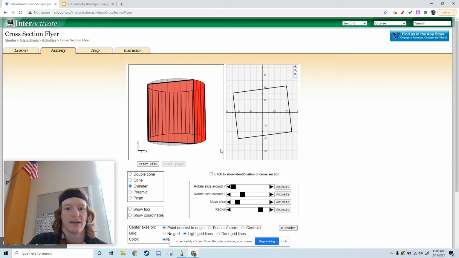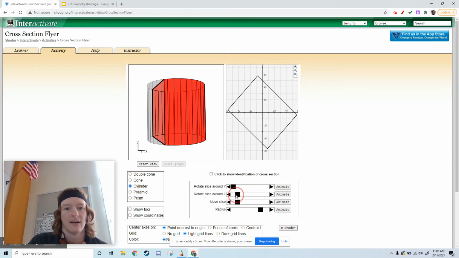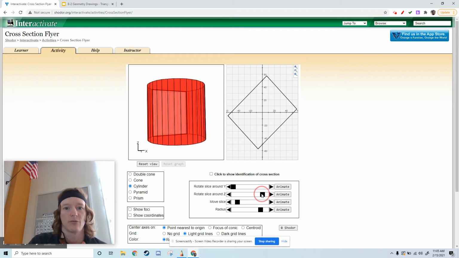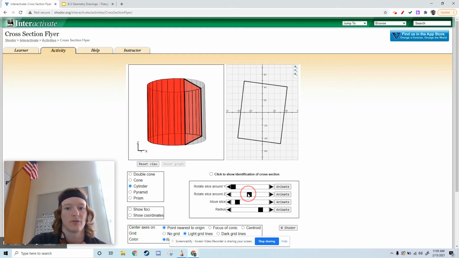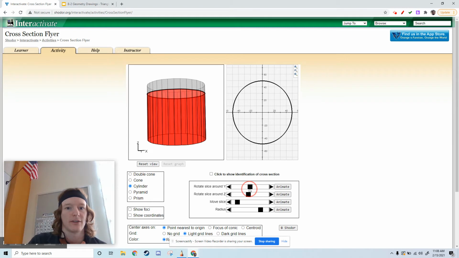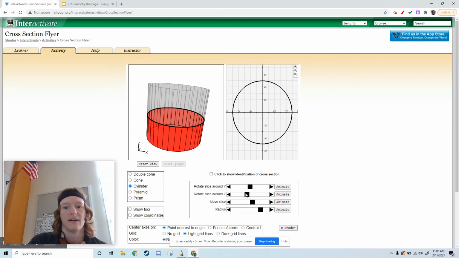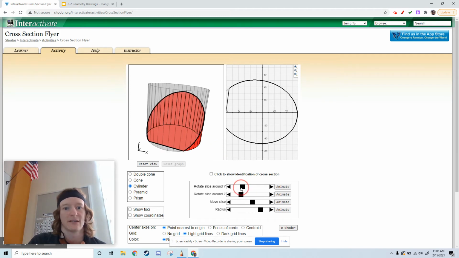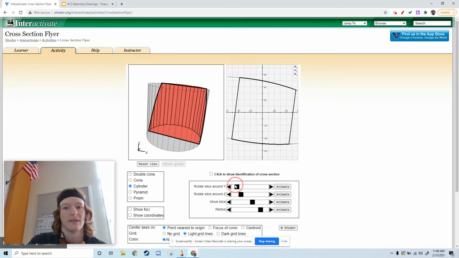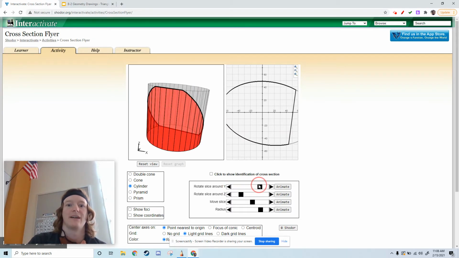So a cylinder, we can have a rectangle. If it's vertical, no matter where I slice this, I'm always going to have a rectangle. However, I could also have a circle if I slice horizontally on a cylinder. And we could even have this sort of partial circle, or even curved, slanted, almost a rectangle, but not quite shape.